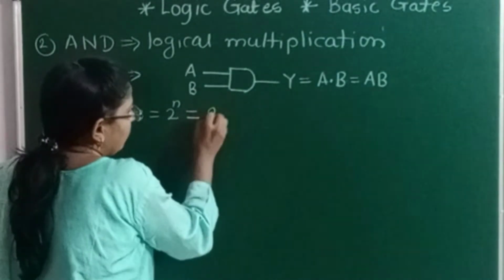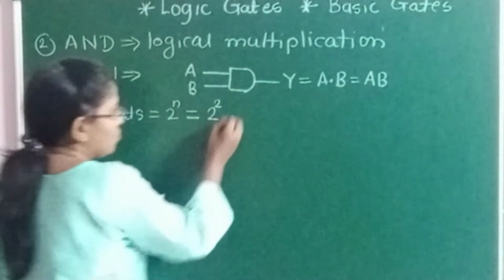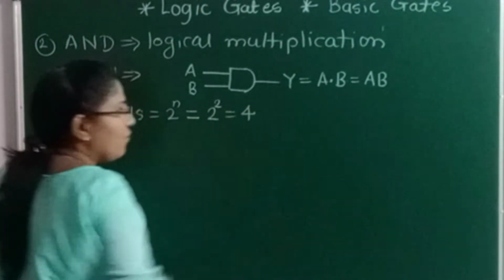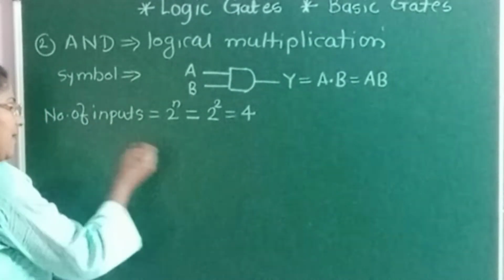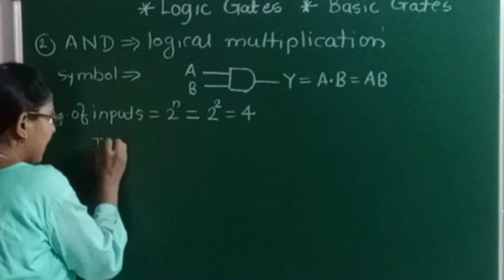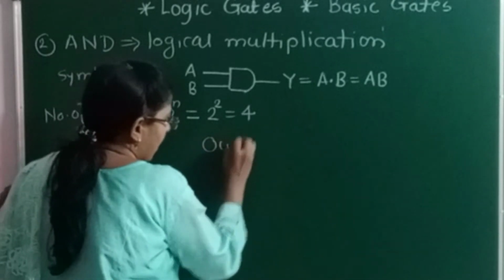How many inputs are there? 2. So put the value of n as 2. So 2 raised to 2 equal to 4. So how many input combinations are there? 4. So now write the truth table. First I will write input. Truth table contains input as well as output.